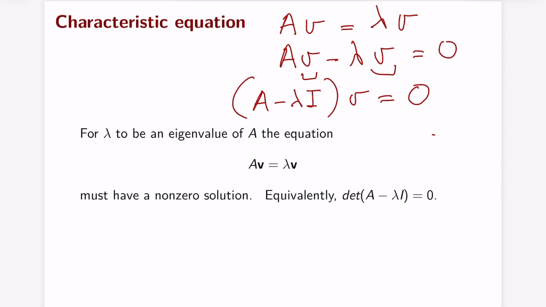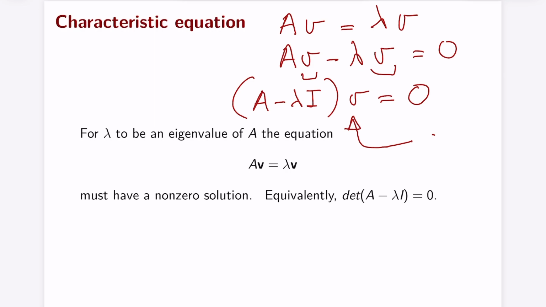And what we want is to have infinitely many solutions, because if it has a unique solution, it means that the only solution here is 0. And we are not interested in the solution 0, right? We know that an eigenvector is something that is not 0. So what we are interested in knowing is whether this system has infinitely many solutions.